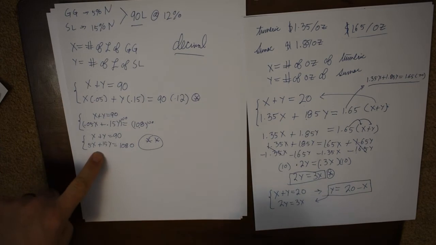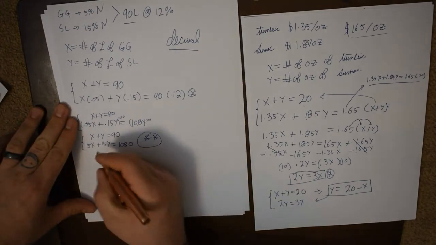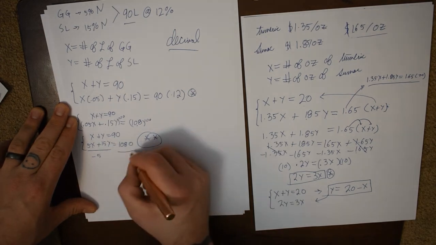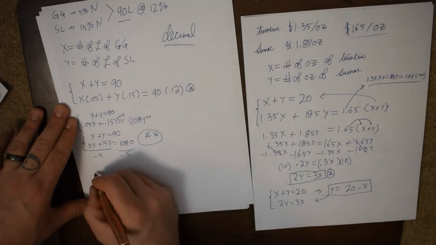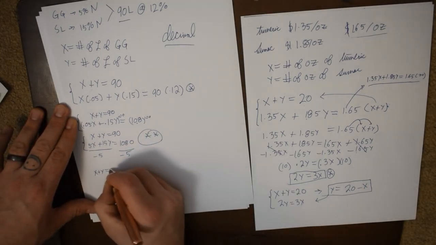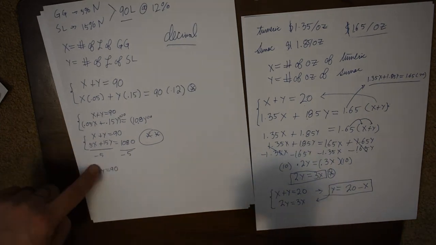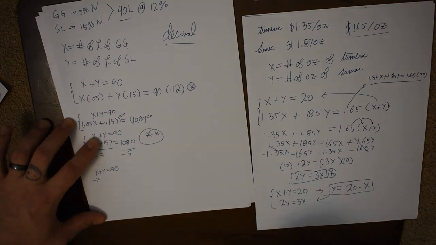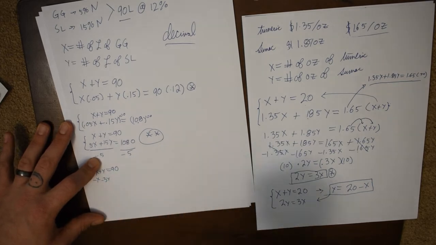Let's take this bottom equation and divide both sides by -5. I'm going to rewrite this top equation, x plus y being equal to 90. It's just along for the ride right now. And 5x divided by -5 will give us a -x. 15y divided by -5 will give us -3y.